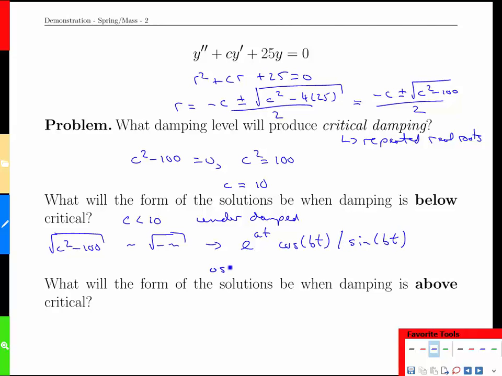So it's going to be oscillatory. When we look at damping above that critical level, where c is greater than 10, then our c squared is going to be very large. We subtract 100, it's going to be positive overall, and that's going to be 2 exponentials as our solution, so no oscillations.